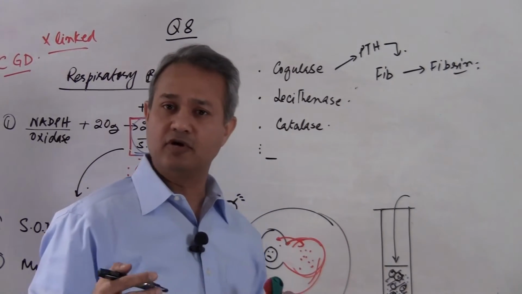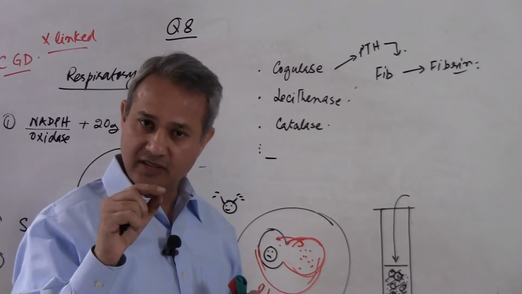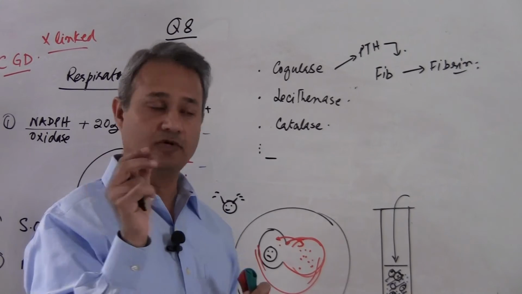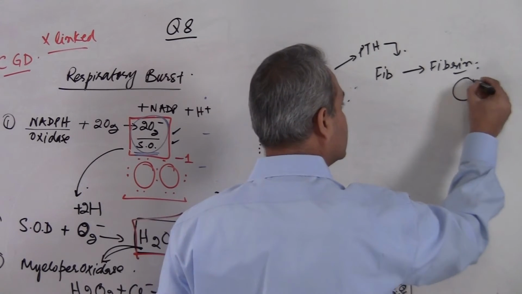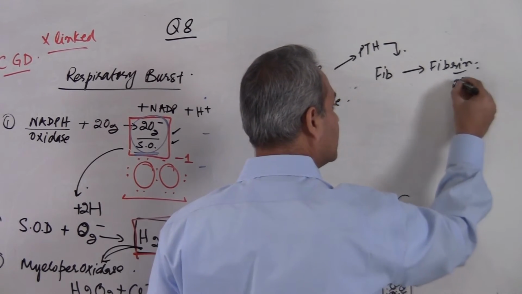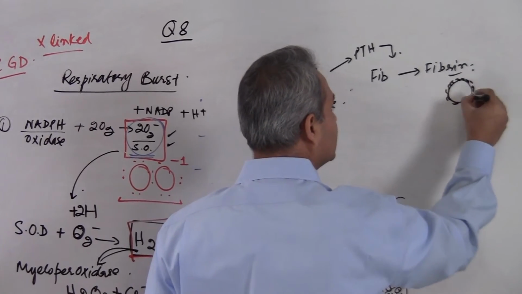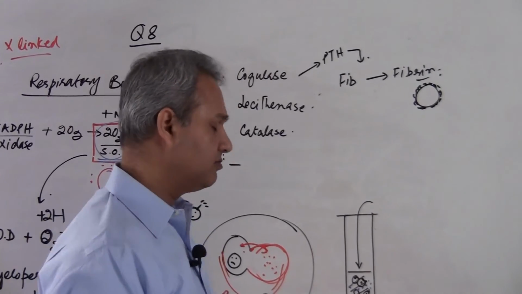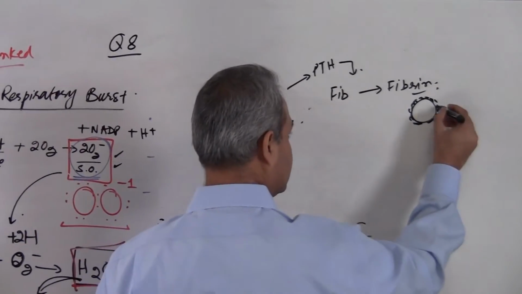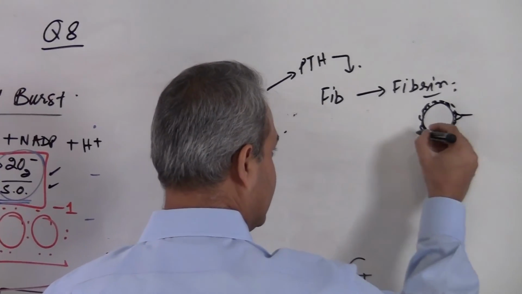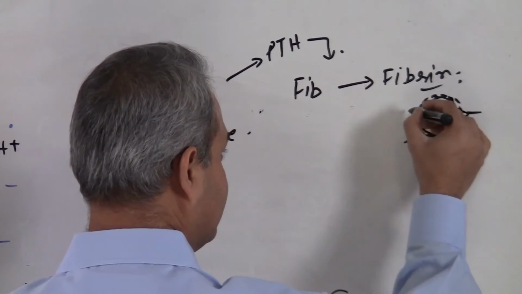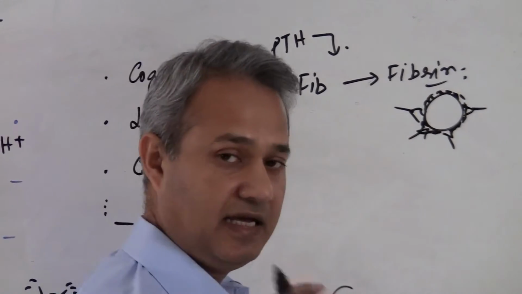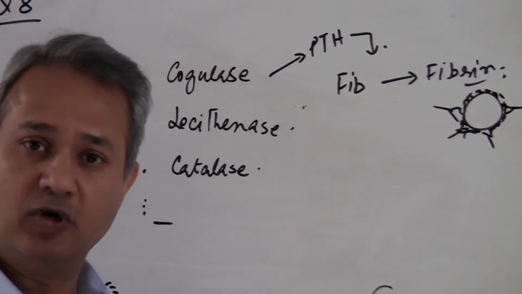That fibrin would start coating the bacterial capsule. So this bacteria would be difficult to phagocytose and kill. Of course, antibodies would come and stick to this bacteria, and then it would become opsonized, easy to be eaten, and then phagocytosis would occur.